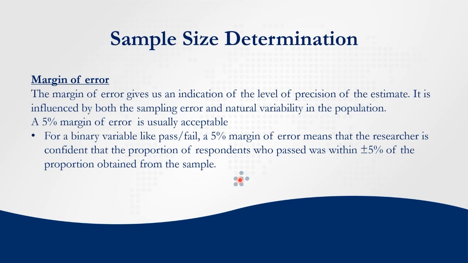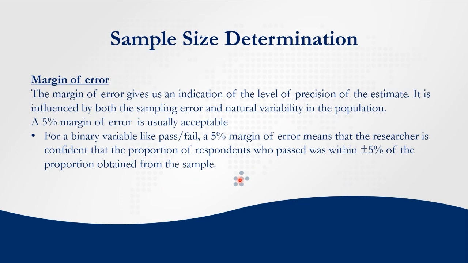So for a binary variable like pass, fail, the margin of error means that the researcher is confident that the proportion of respondents who passed was within plus minus 5% of the proportion obtained from the sample. So from the sample, you will get a proportion of those who pass, those who fail.